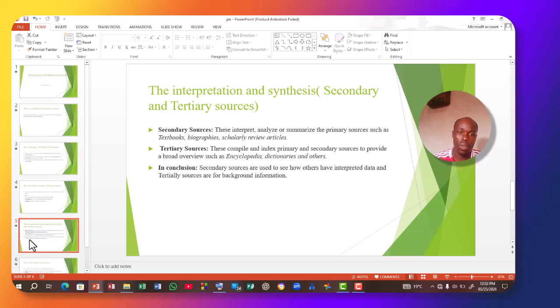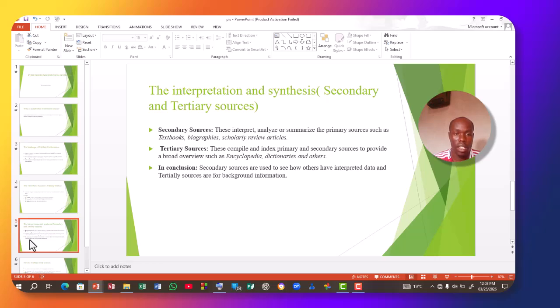A secondary source interprets, analyzes or summarizes the primary sources, such as textbooks, biographies, scholarly reviews, and articles.